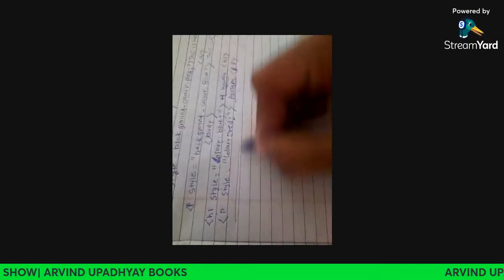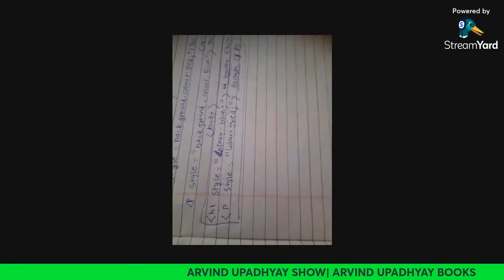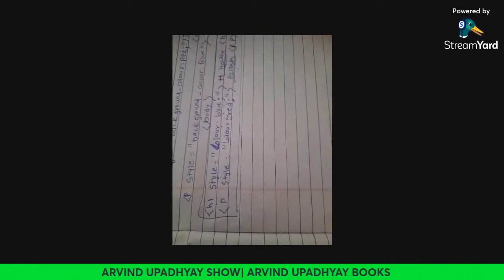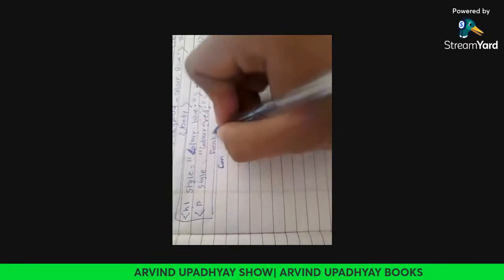So you can try these two sentences in your notepad, in your text editor, and solve the problem. Now fonts, how to write the font, the CSS font family. Like you want to make it Verdana, Courier, or Latin, anything you can write. It depends on your font family.